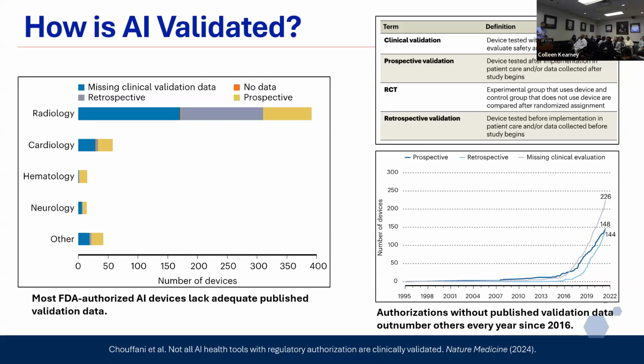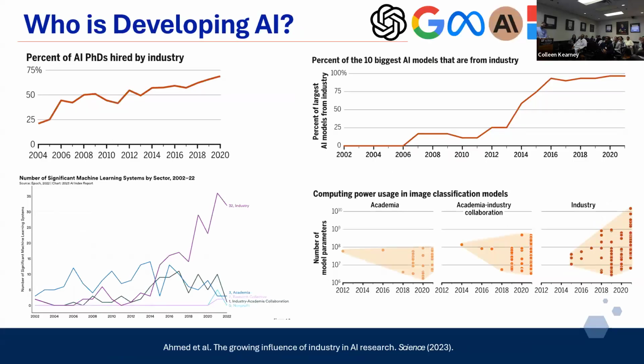But in any event, this is a cautionary note here, and I hope that we can work on getting more validation data. I'm not sure if it's because they weren't validated, or if it's not published. The article didn't really specify that. But you see that since 2016, the authorizations without published clinical validation data outnumber the other types of studies. So I think that's pretty concerning.